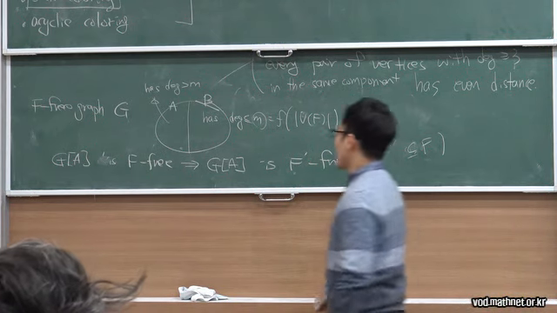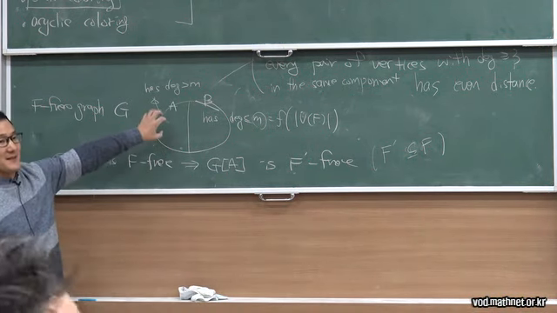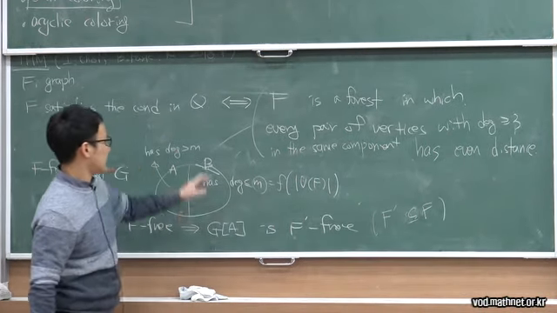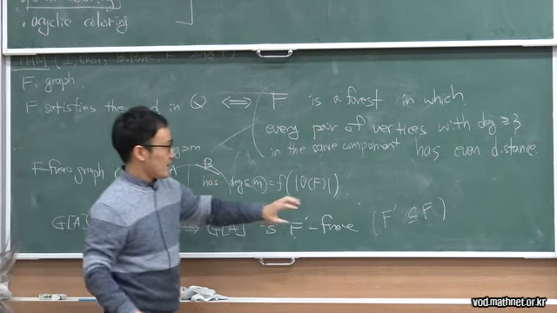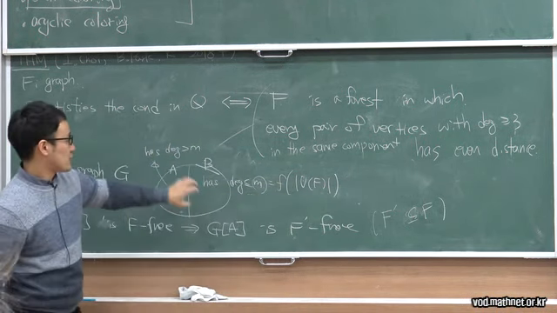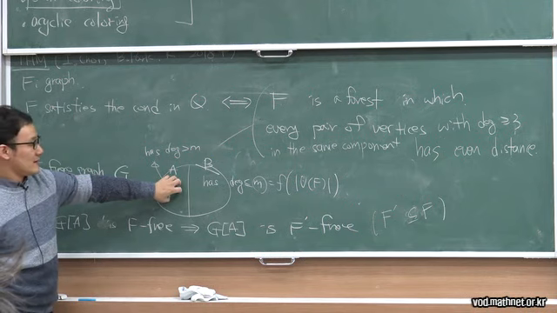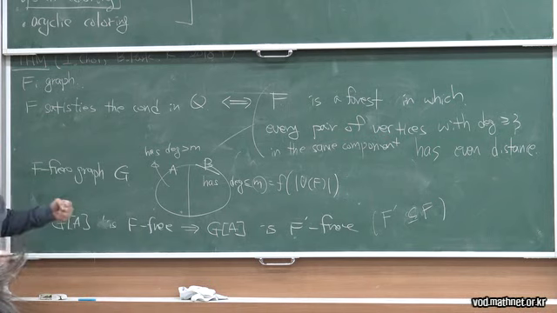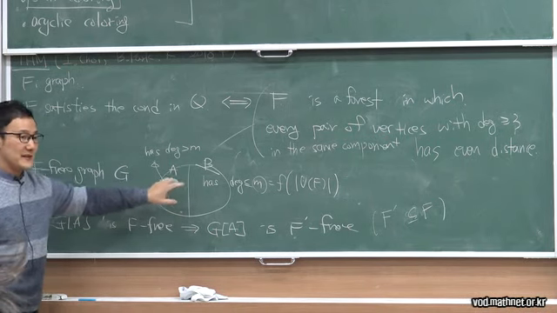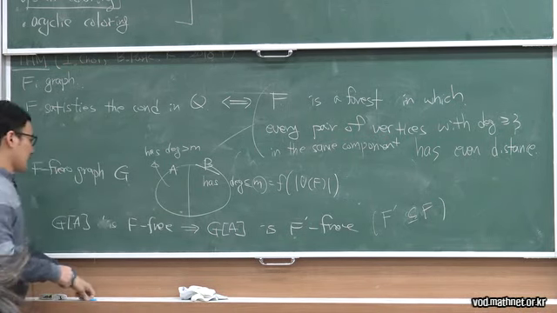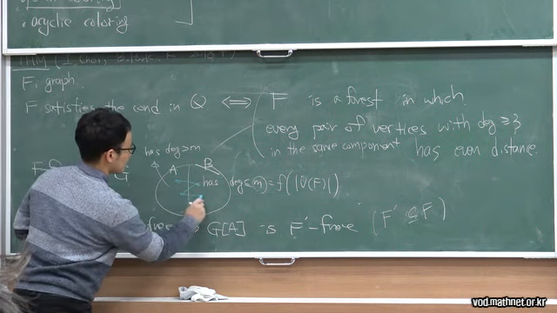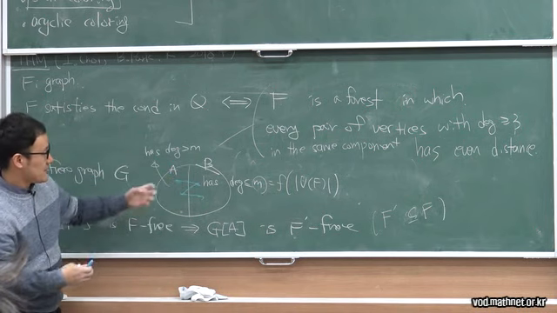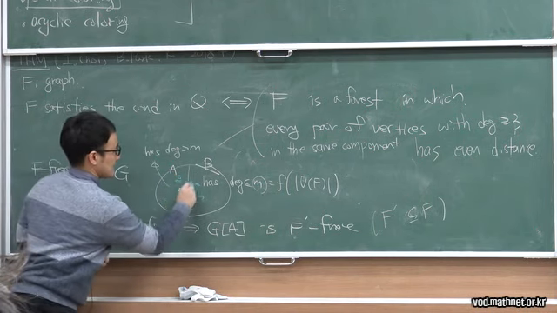So now you can use some induction. If we assume that this is true for every graph smaller than F, then you can use induction here. You can color this part, and then when you combine A and B, maybe it generates some bicolored P4. So we are going to color each part independently, but when you combine them, maybe it generates something like this.